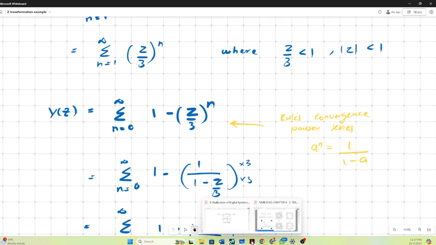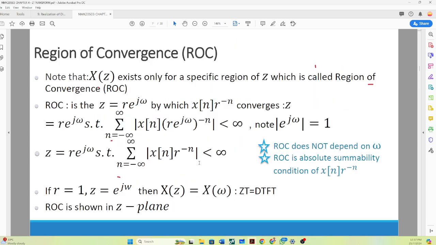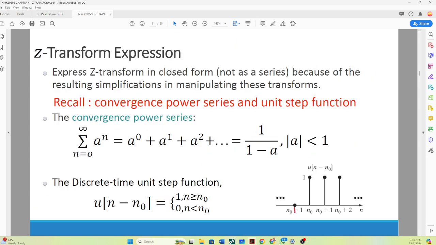From our previous lecture, consider the convergent power series: the sum from n equals 0 to infinity of a to the power of n equals 1 over 1 minus a, where the magnitude of a is less than 1.